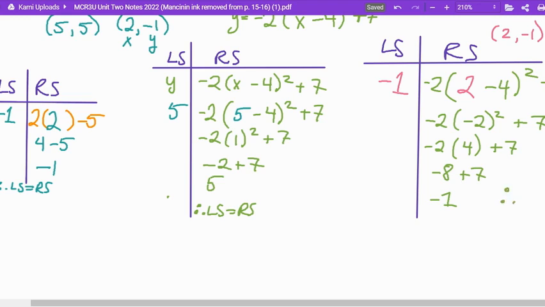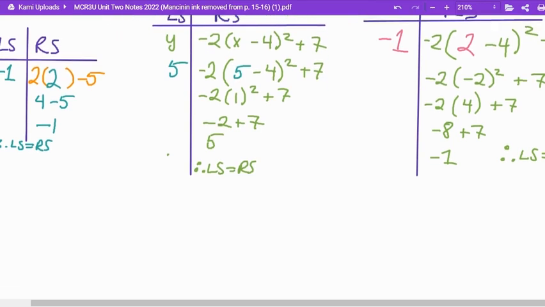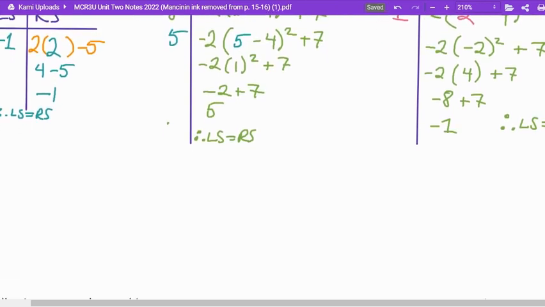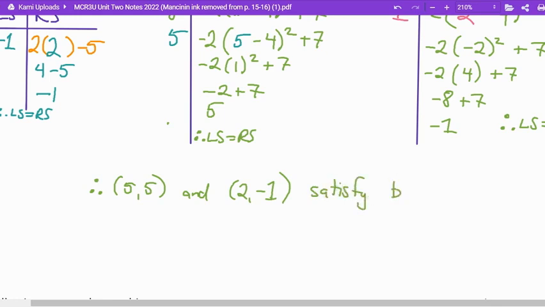And once again, I can state with confidence that left side equals right side. And lastly, we can make a statement and say, therefore, the two points, 5 and 2, -1, satisfy both equations.